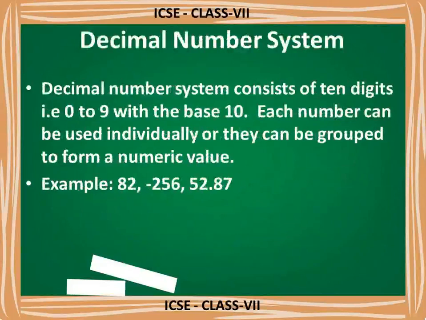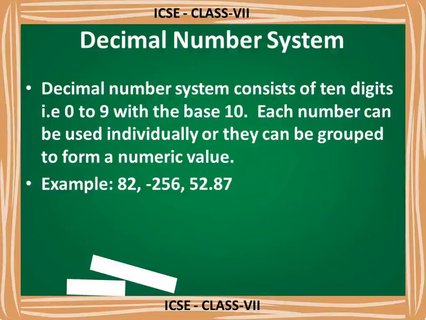Now the decimal number system. The need for counting paved the way to introduce the decimal number system, in which 0 to 9 are used to form a number. Most of our arithmetic operations are performed with decimal numbers. In mathematics and all, we are using decimal number systems only.